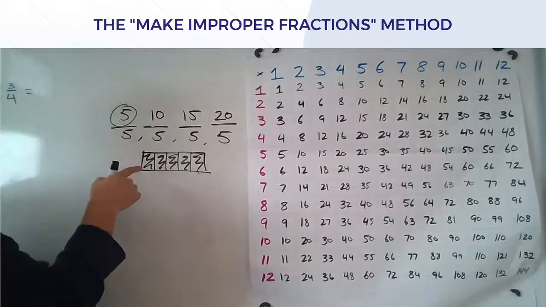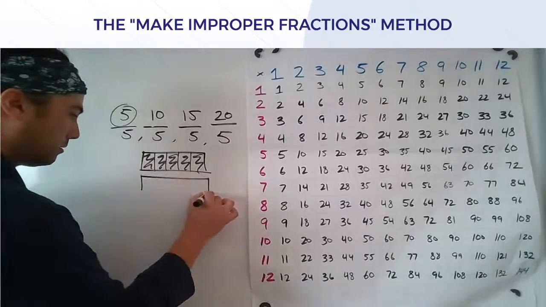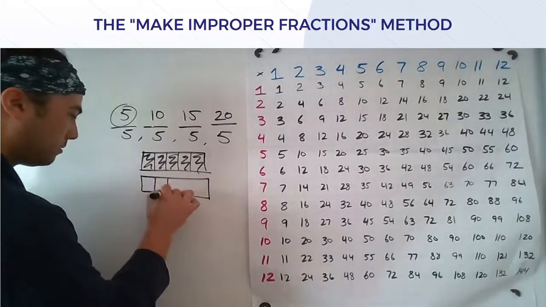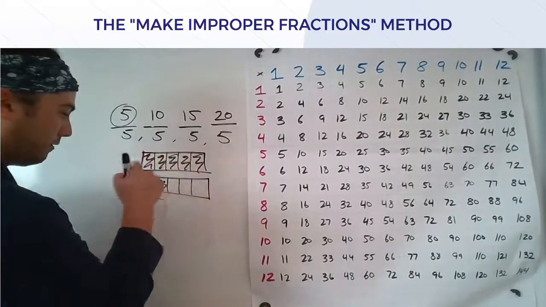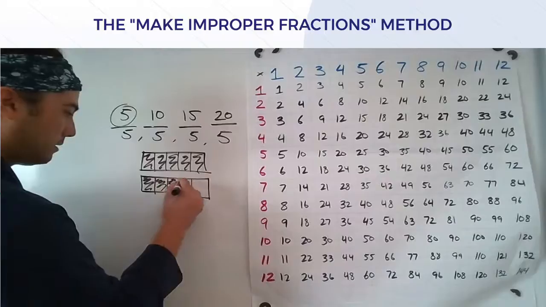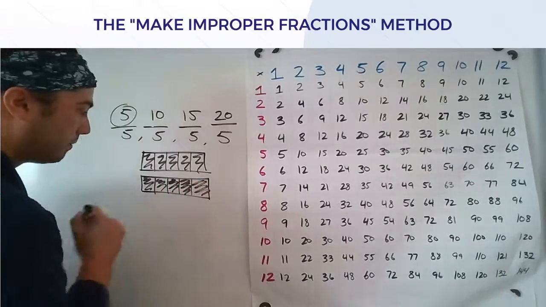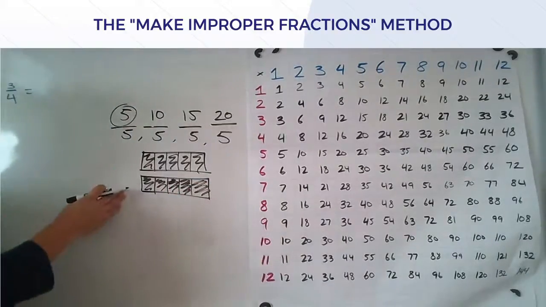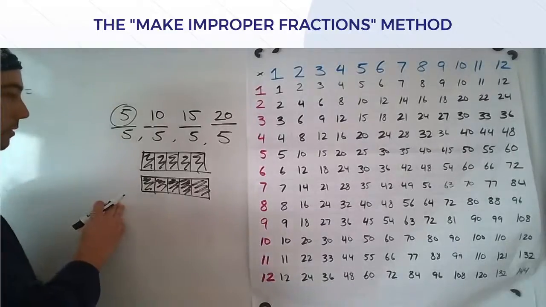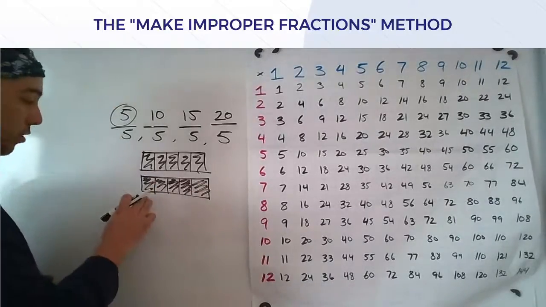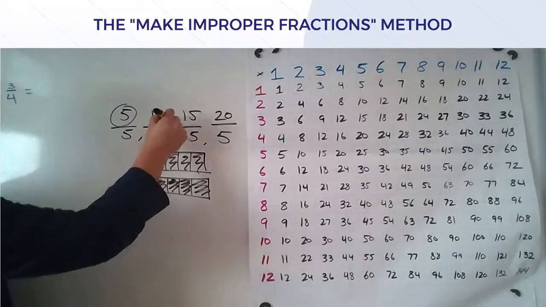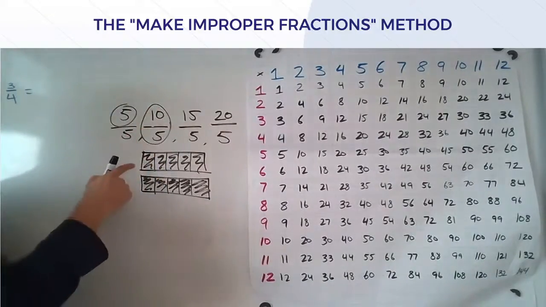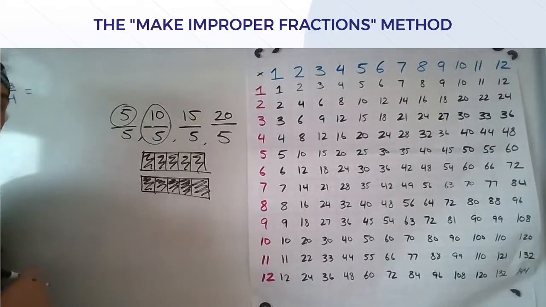If we were to have 10 of these fifths, 6, 7, here's our first 5, 6, 7, 8, 9, 10. So we have 10 pieces. Each piece is worth 1/5 of a whole. So here's our 10/5. And how many whole fractions bars are filled out? 2.